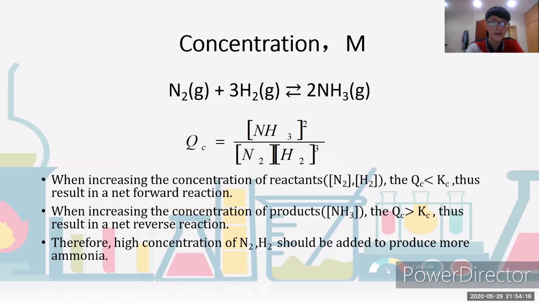If we increase the concentration of the product, which is ammonia, the Qc will be larger than the Kc, thus resulting in a net reverse reaction. Therefore, high concentrations of nitrogen and hydrogen should be added to produce more ammonia.